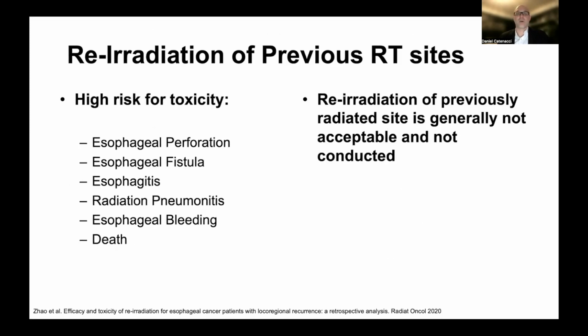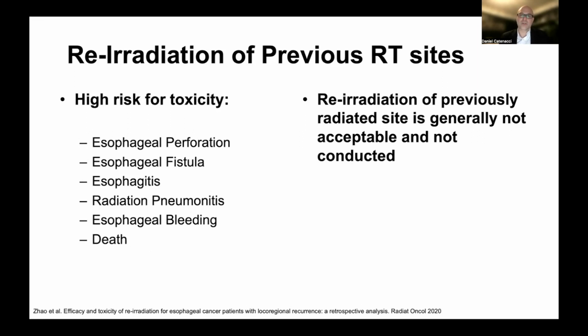We mentioned how every site in the body has a maximum tolerated dose throughout one's lifetime. And so if the cancer came back in an area where there was prior radiation, there would be an even higher risk of all of these side effects, to the point where, generally speaking, re-irradiation is not accepted and is not conducted.